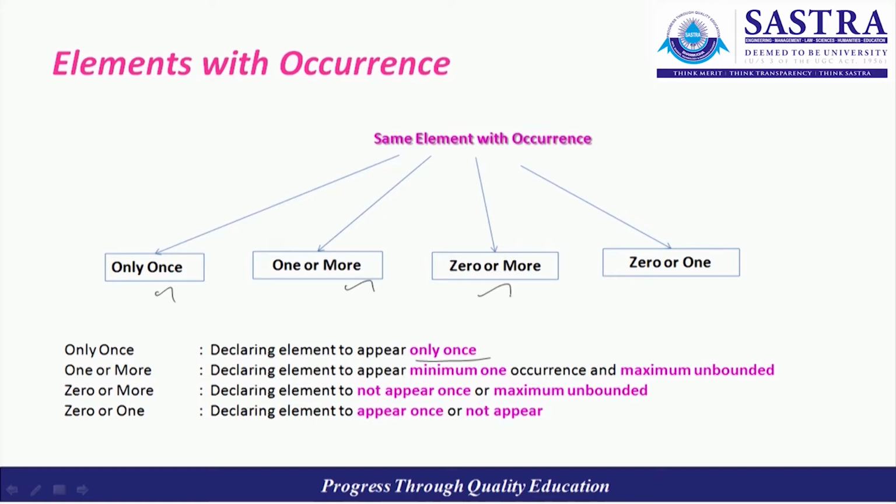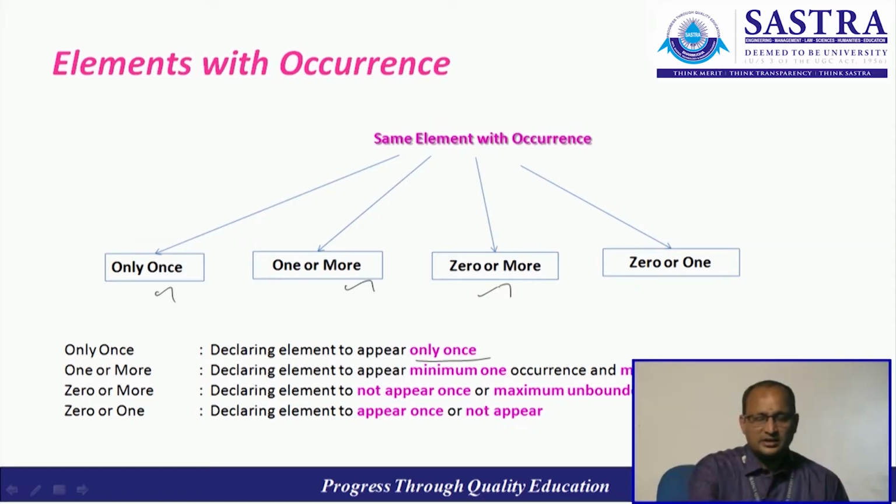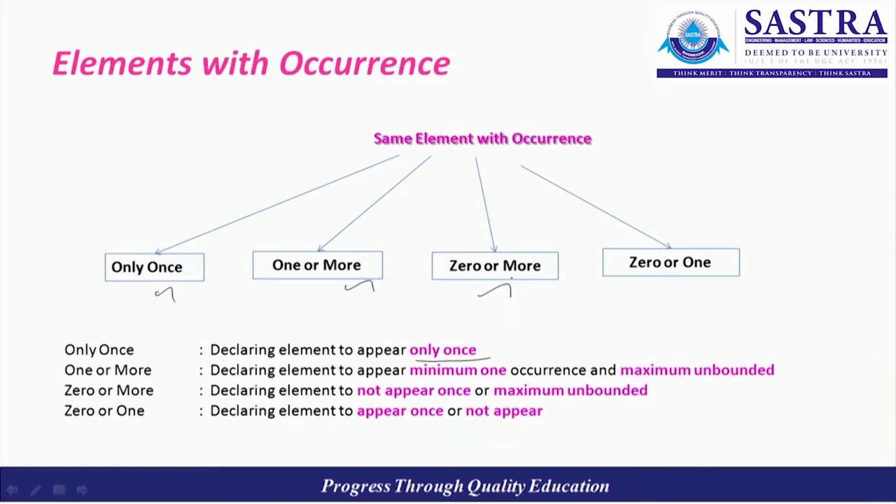The third category, 0 or more. Here the element of a particular parent element may appear or may not appear. If it is included for a parent element, then we have to provide the maximum number of times; or it may not be included.